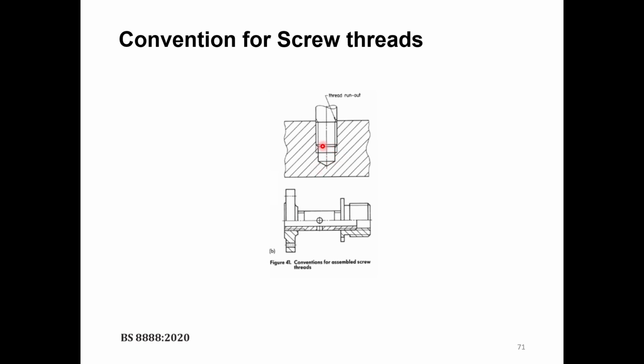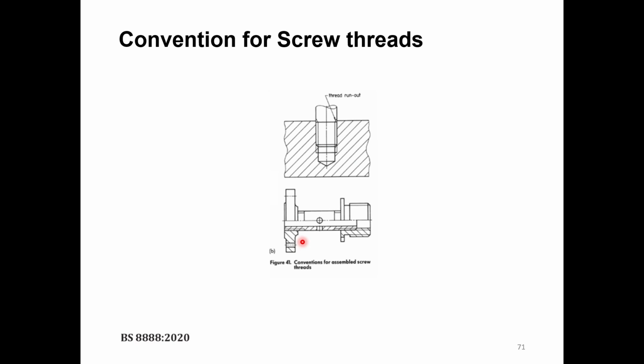So in this case, these two lines show you the end of the thread for the bolt. This line here shows you the end of the thread in the hole itself, and this angle here shows you the tip of the drill that was used for drilling the initial hole before the threading.